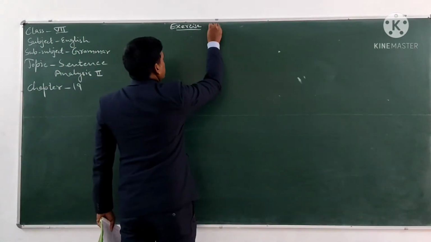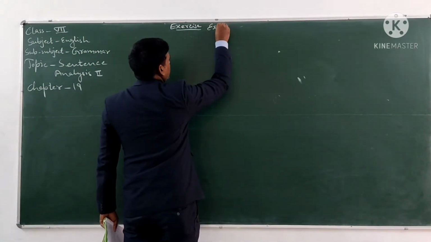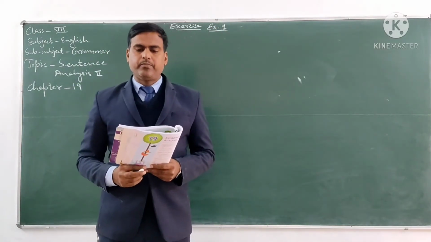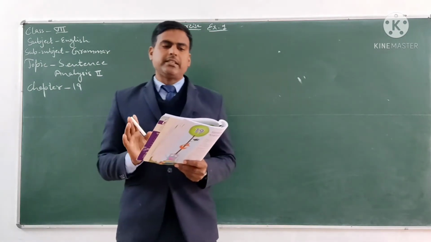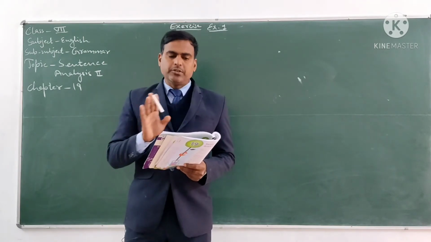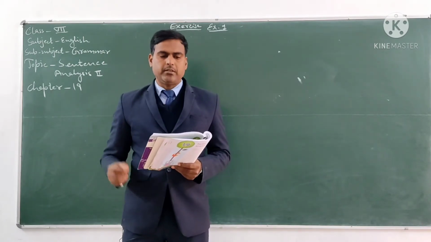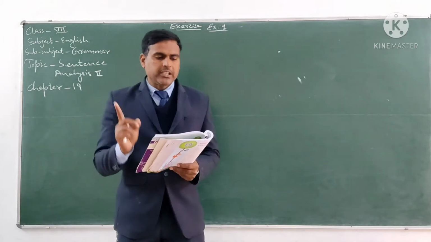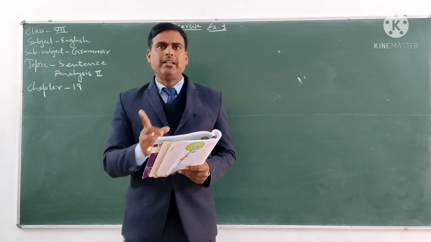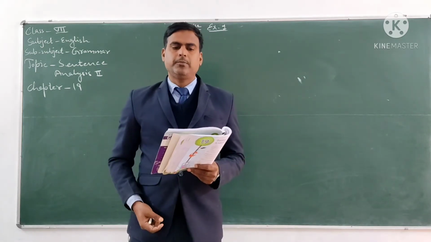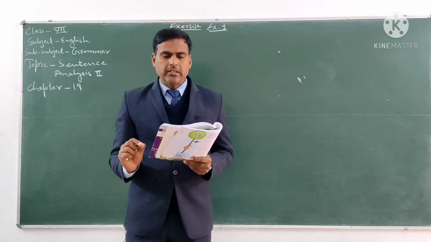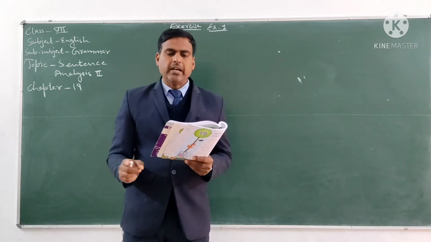Exercise number 1 is analyze the following sentences. We have to analyze the sentences according to this given structure. In subject part we have to tell the subject word and enlargement of the subject.